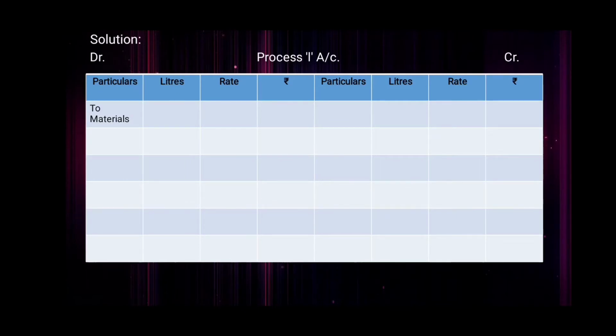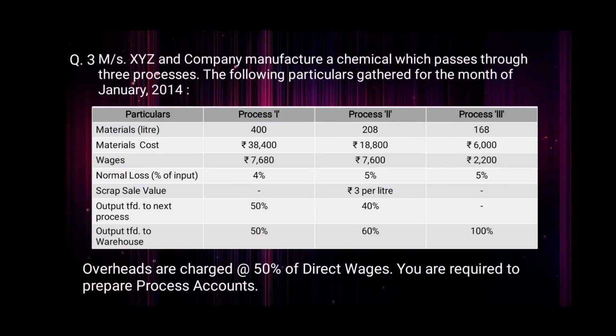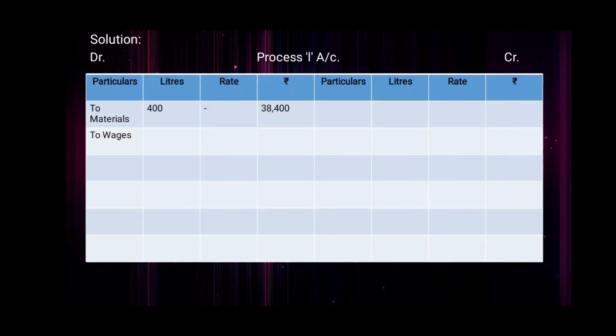To materials, 400 liters and the amount is 38,400. Next, wages, 7,680 for process 1. To wages, amount is 7,680.